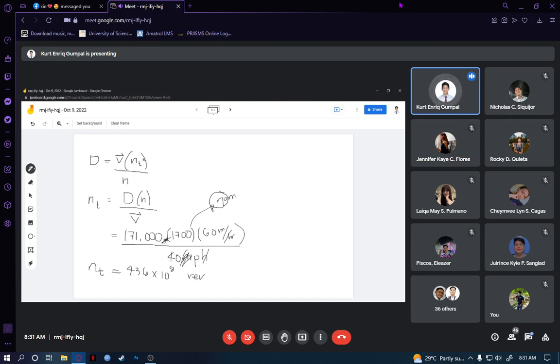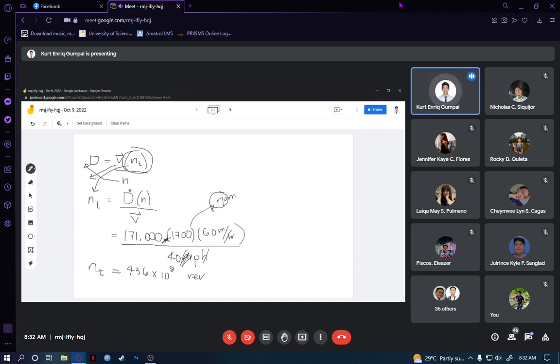Now, for the derivation of the formula, I need to isolate NT, so I transpose N by multiplying. Then your V, since it is in the numerator, I need to divide by V on the other side of the equation, and move it to the bottom on the other side. That's why NT is isolated, and the new formula is D times your N average divided by your V average.